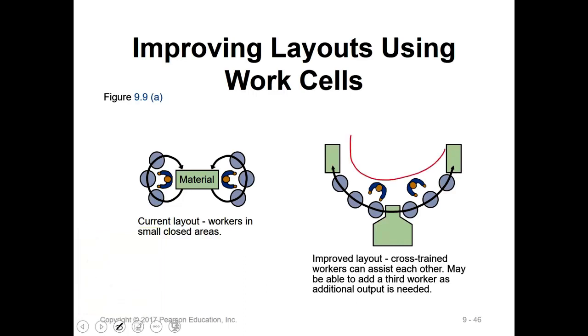Here, this is not a perfect U shape, but it is kind of an arc shape. And then people can easily interact together. And with improved space utilization, they can easily add a third person if the volume requirement is bigger.